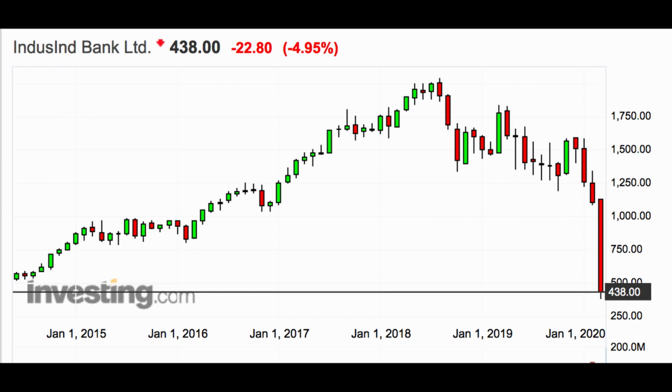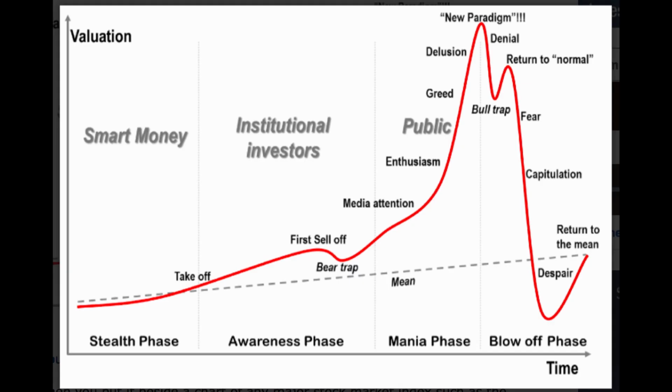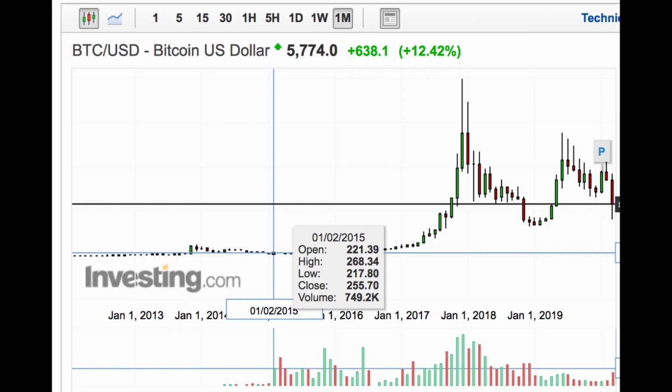So the charts again represent a form of bubble if we look at that way. I'll also share with you what a bubble chart looks like, so you'll be able to find out what I mean. Same was the case with Bitcoin earlier, and it was also a bubble which crashed last year. We'll have a look at that as well clearly.